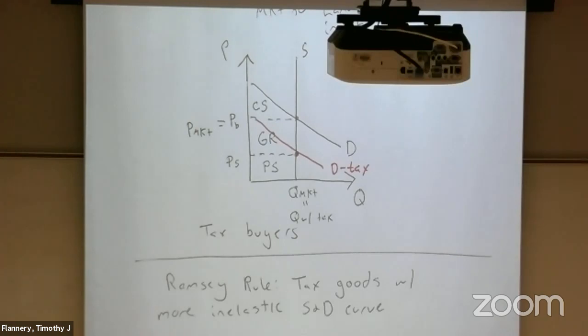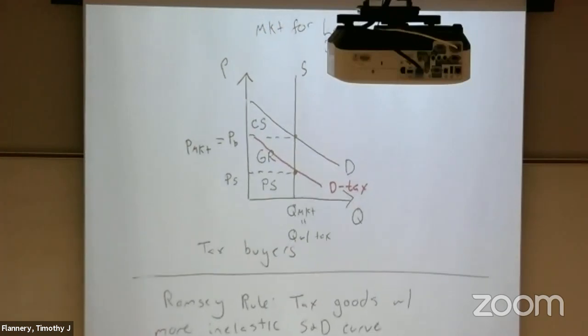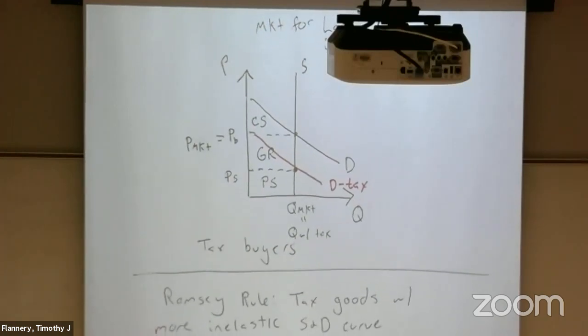Now here's the problem with the Ramsey rule. So there are some cases where it's good. Here's another case where it's good, and cities often have this. Seasonal hotel taxes. What does the supply curve for hotels look like when all of the hotels fill up? Perfectly inelastic, right? I mean, I suppose maybe not perfectly inelastic.